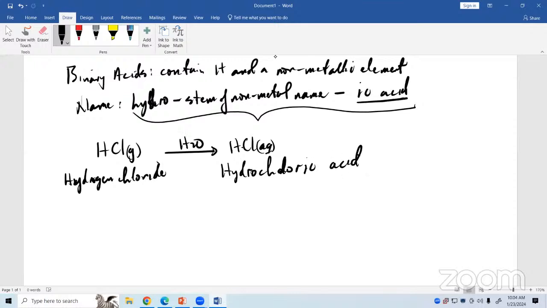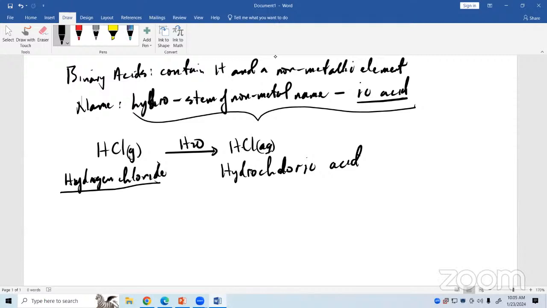So the name of this compound is hydrochloric acid, right? And this is only after you add the hydrogen chloride to the water. This is not considered to be the acid per se. This is just hydrogen chloride. But when you add it to water, it becomes hydrochloric acid.